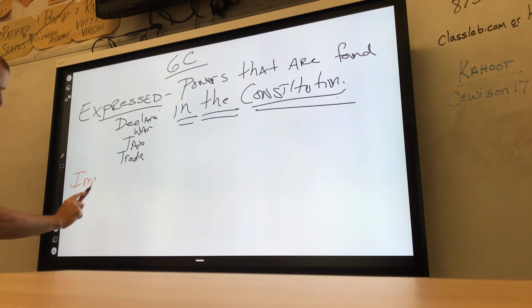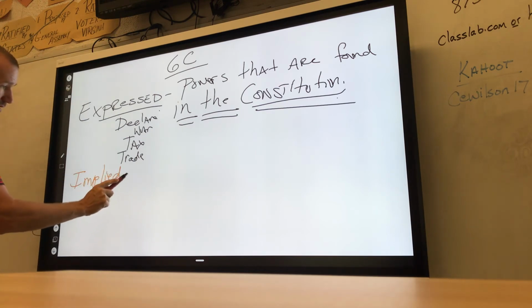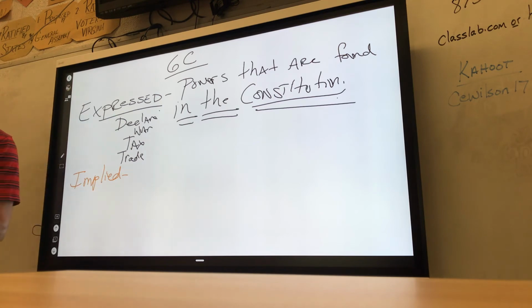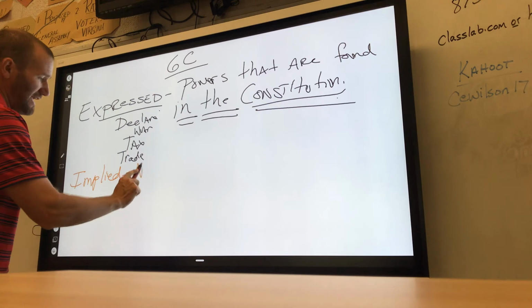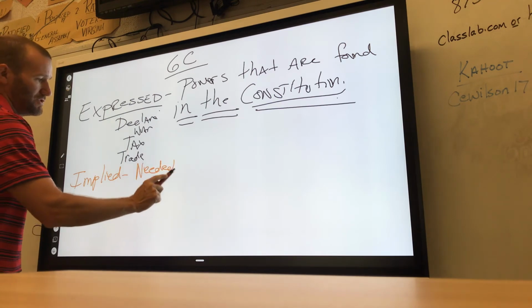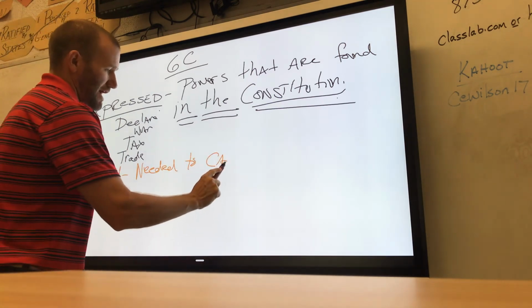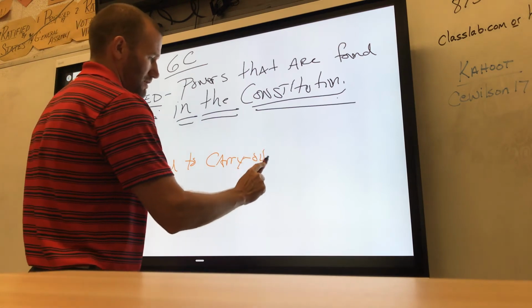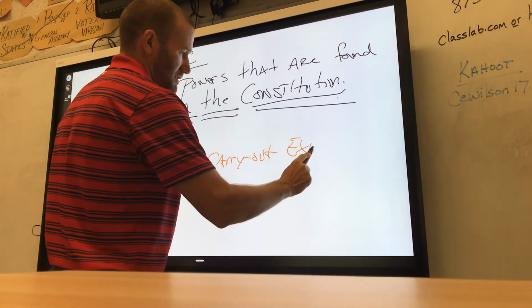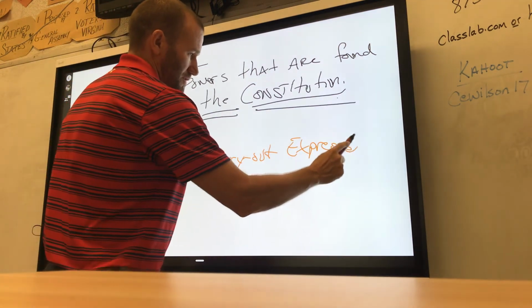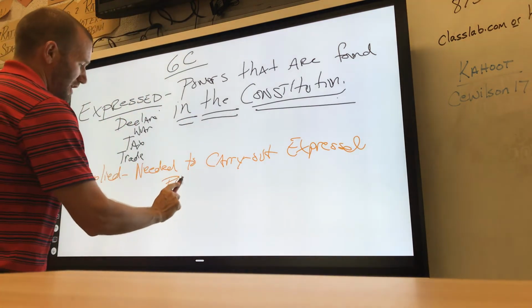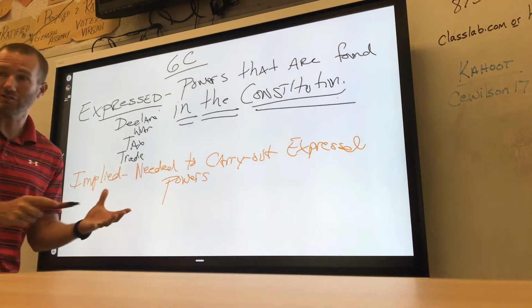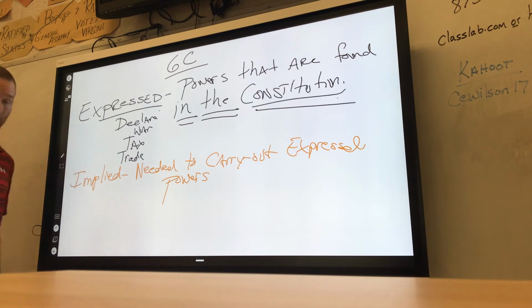Then we've got implied powers. Implied powers are not in the Constitution, but they are needed to carry out expressed powers. These are not listed in the Constitution, but they are needed to do some of these things.